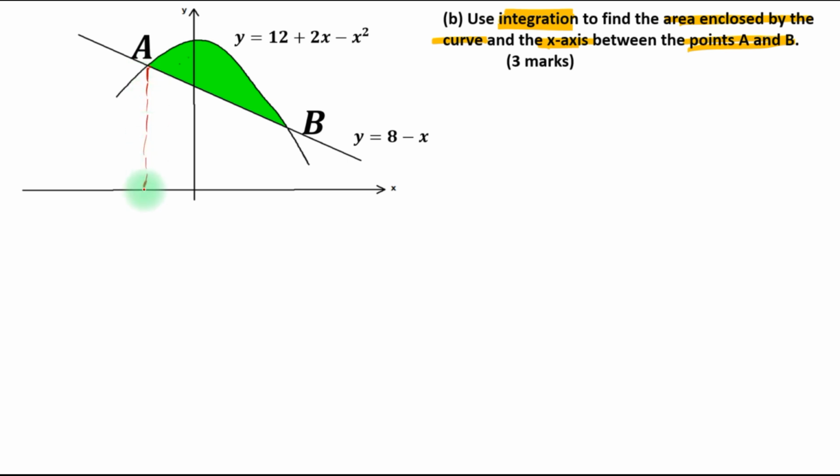We already know that the lower limit is x is minus 1, and the upper limit is x is equal to 4. Therefore, to get the area by integration, I hope the question here is very clear: to find the area enclosed by the curve, the x-axis, and the points A and B.